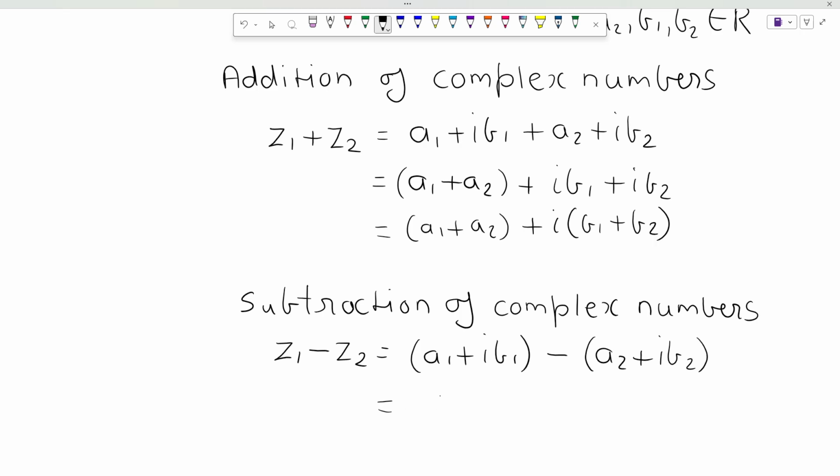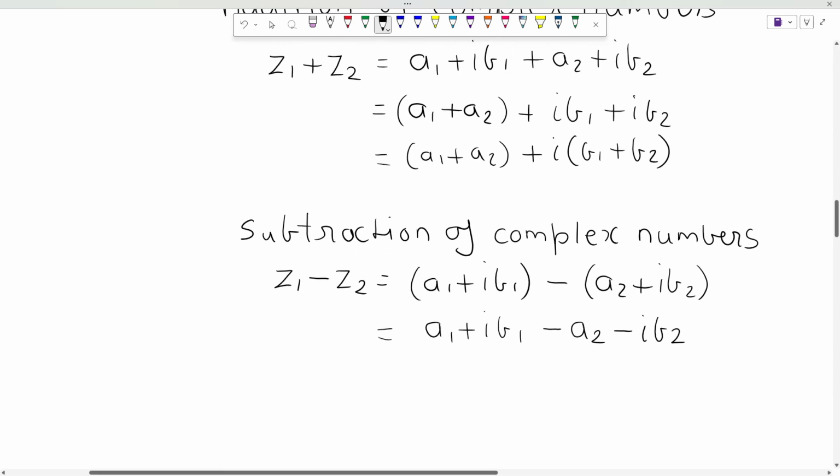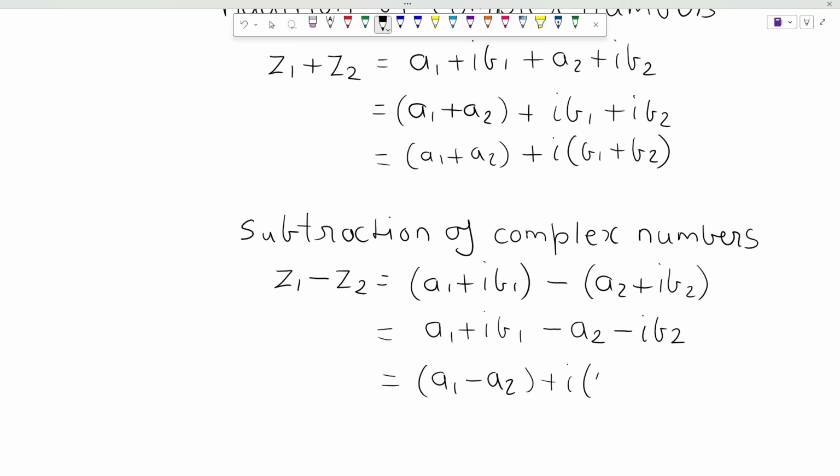So if we open the bracket, a1 plus iota times b1 will be as it is, and this will become minus a2 minus iota times b2. So again taking the real and imaginary parts together, we get a1 minus a2 in one bracket plus iota times b1 minus b2.